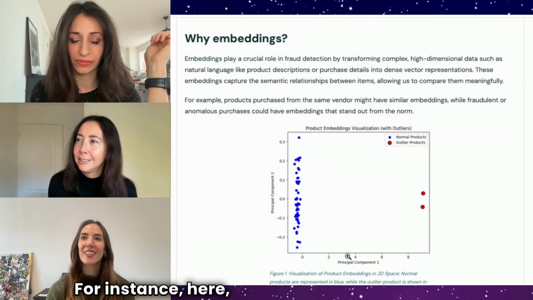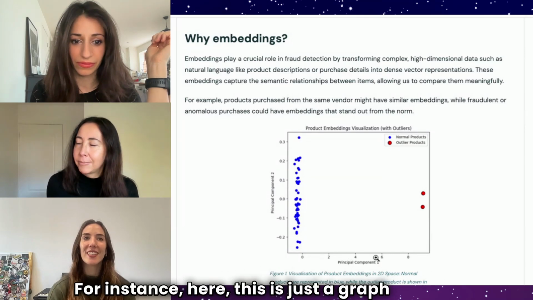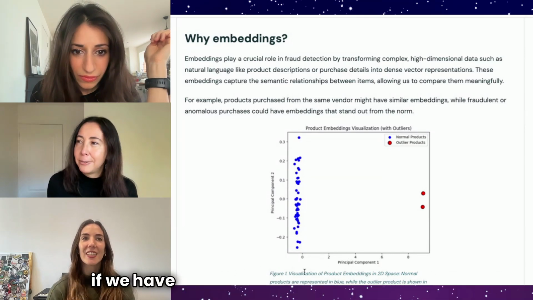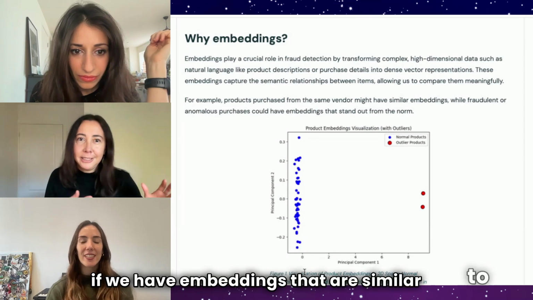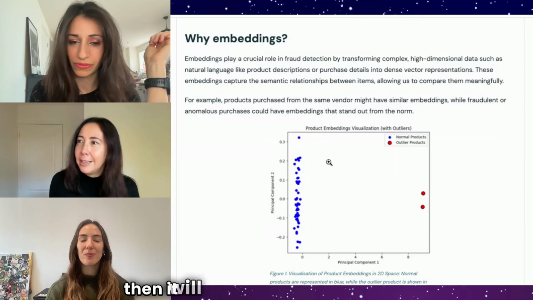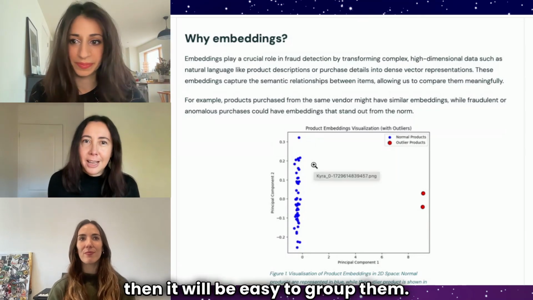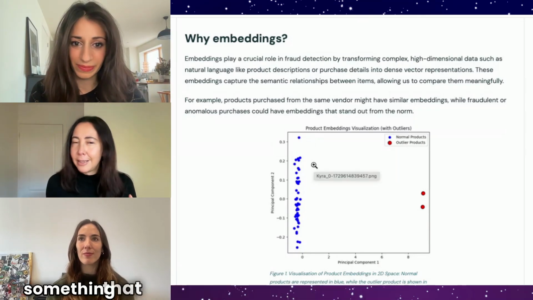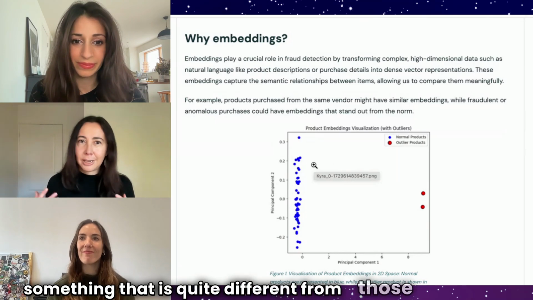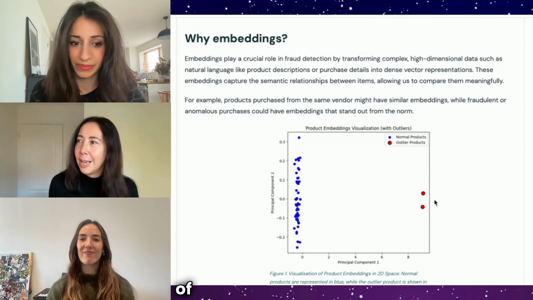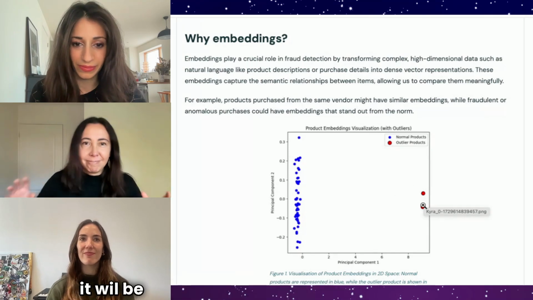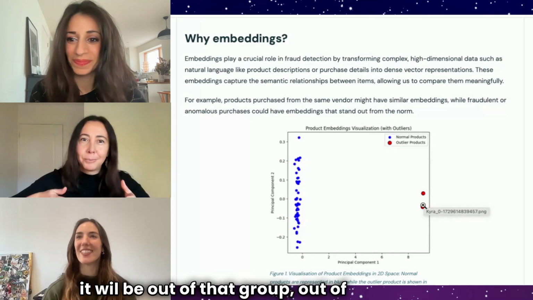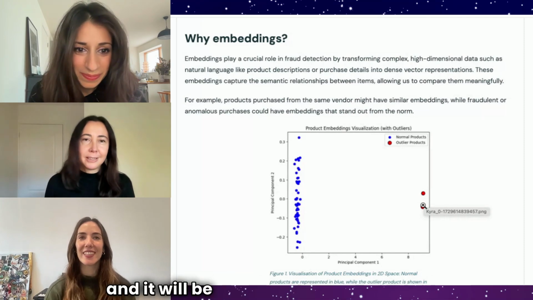For instance, this graph shows that if we have embeddings that are similar to each other, it is easy to group them. And if something is quite different from those words or descriptions, it will be outside that group, that cluster, and will be detected as an anomaly.